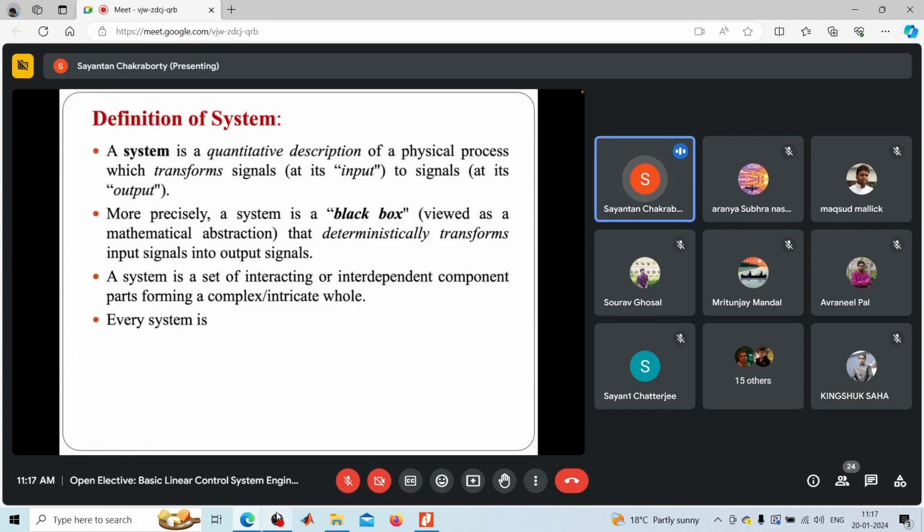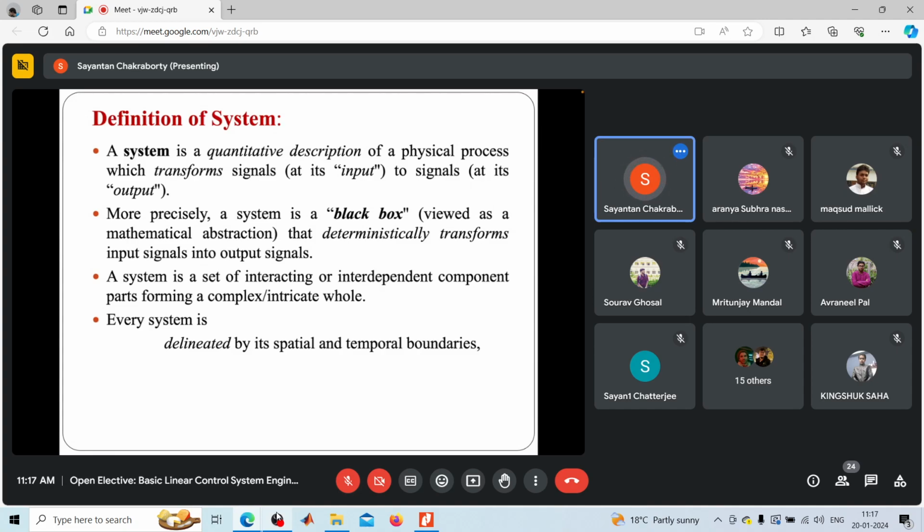Whenever you're discussing a system, we should first be able to identify it, that this is our system. And how do you identify a system, or how does a particular system differentiate itself from others? Every system is delineated by its spatial and temporal boundaries.